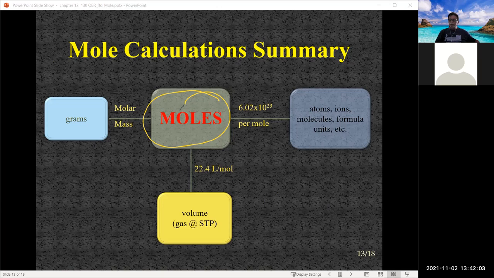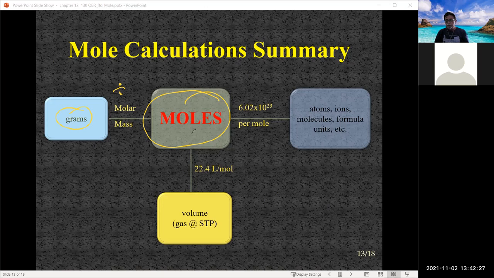You got to go through moles to get to any place on this, unless you're in moles already. Moles to moles, you can do that, no problem. But if you start off in grams, you need the molar mass, okay? And guess what? You are dividing by the molar mass to get to moles if you start off in grams.